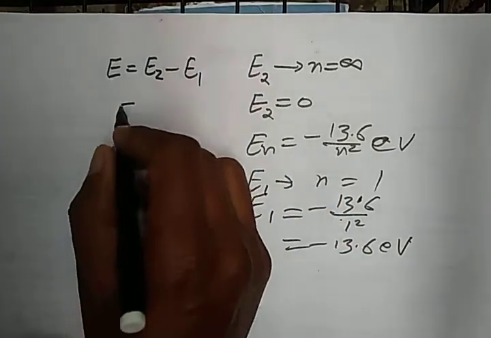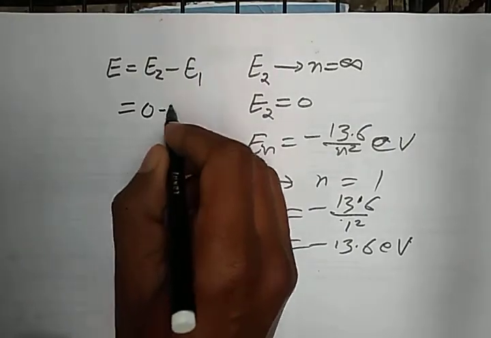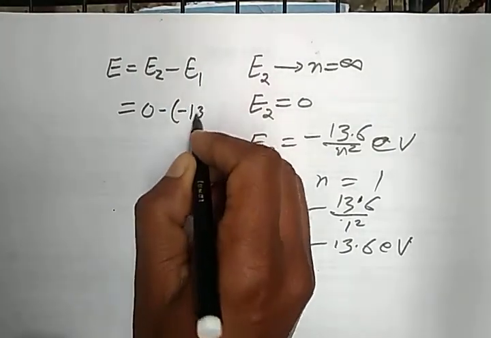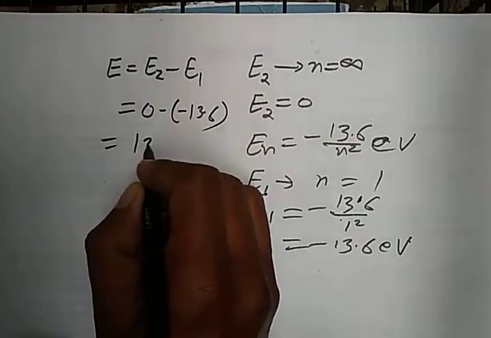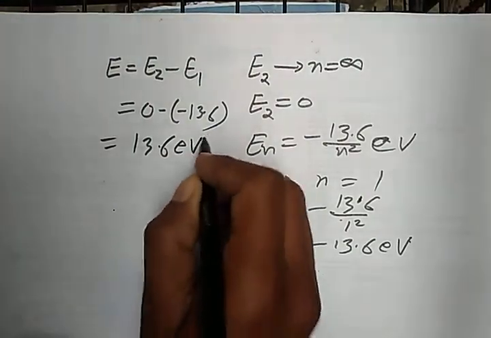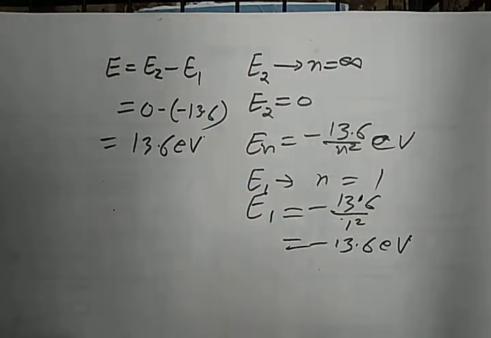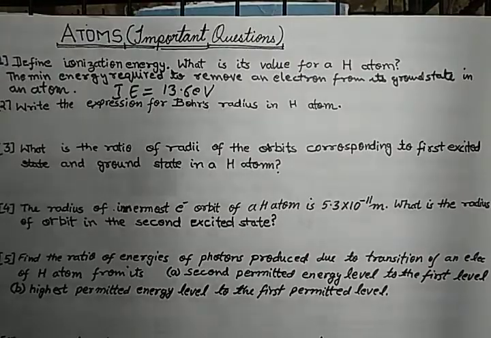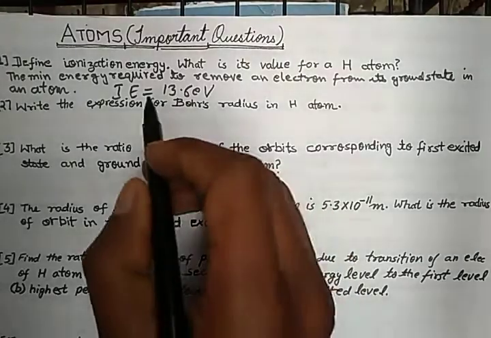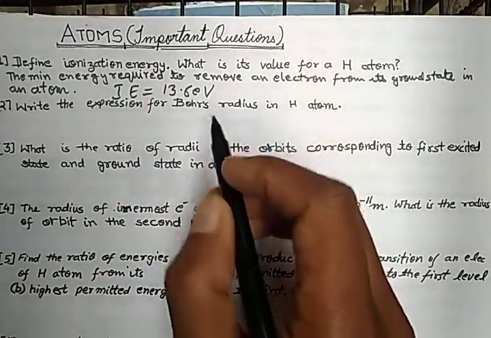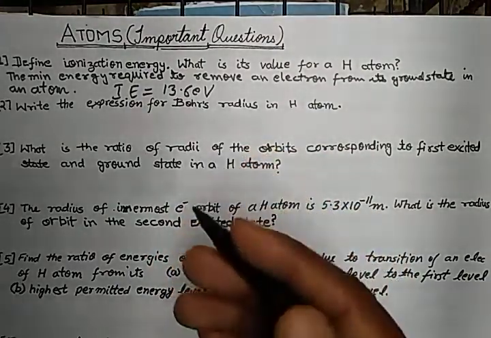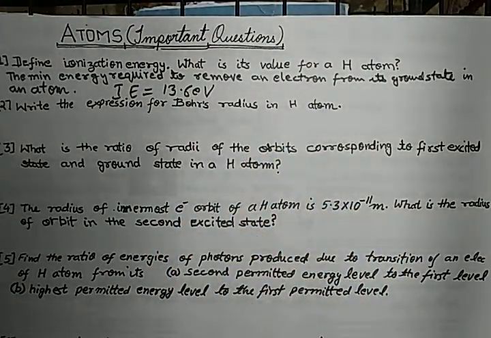So putting it here, it will be 0 minus 13.6, so that is why 13.6 electron volt. But it is actually a 1 mark question, so we can directly write the answer. Otherwise, it's up to you whether it is of 1 mark or 2 mark. You can give that solution here.